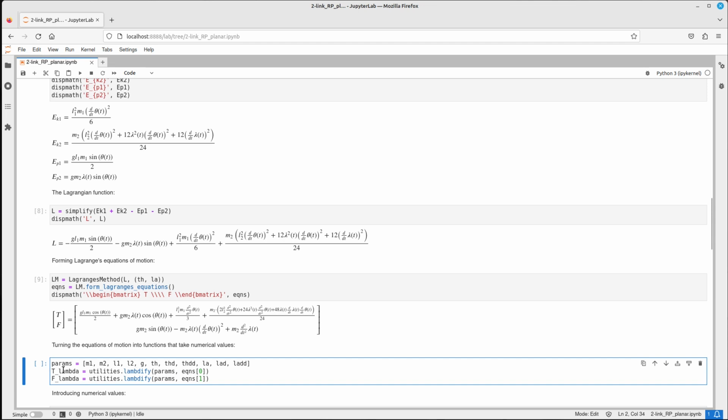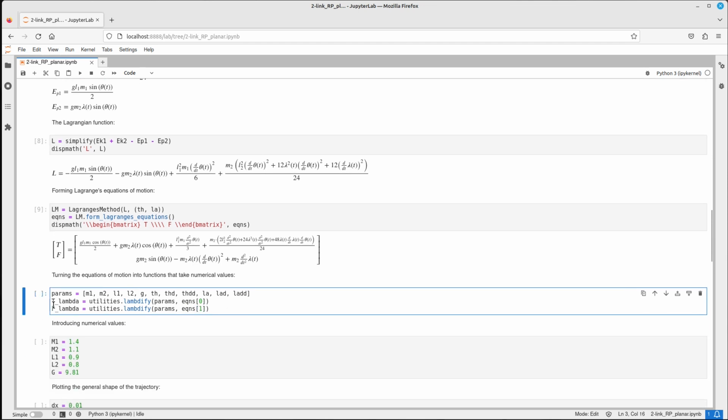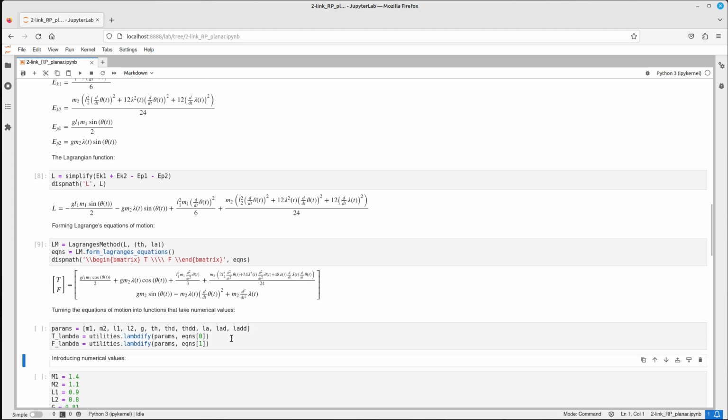So it takes those parameters here, and this is the first equation with the 0 index, and the second equation. So this is how we turn them into those equations, or those functions that accept numerical values. So of course we have to introduce those values as well.